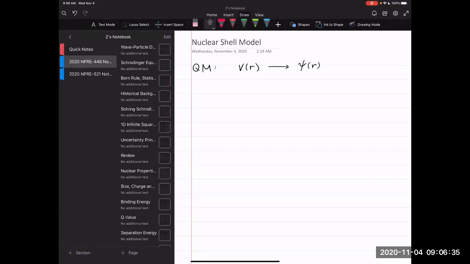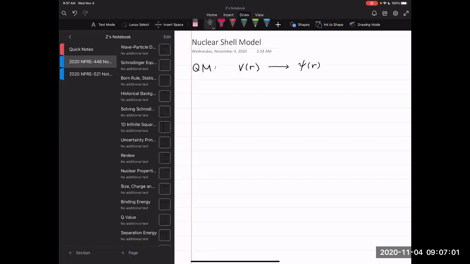This wave function psi needs to satisfy a list of properties. For example, it needs to be continuous, and the first order derivative of the wave function needs to be continuous. In other words, the wave function needs to be smooth at the boundary, except at an infinite potential.